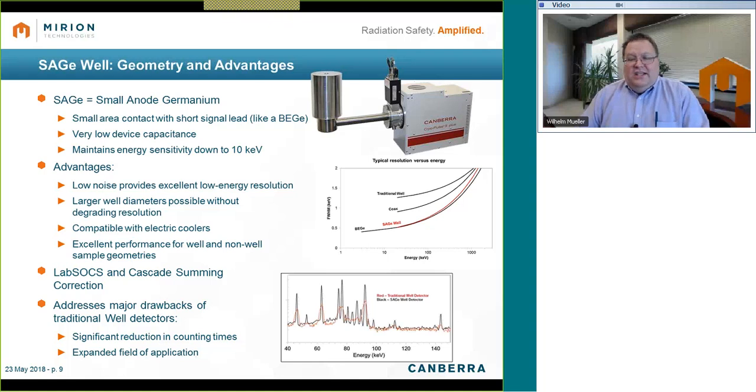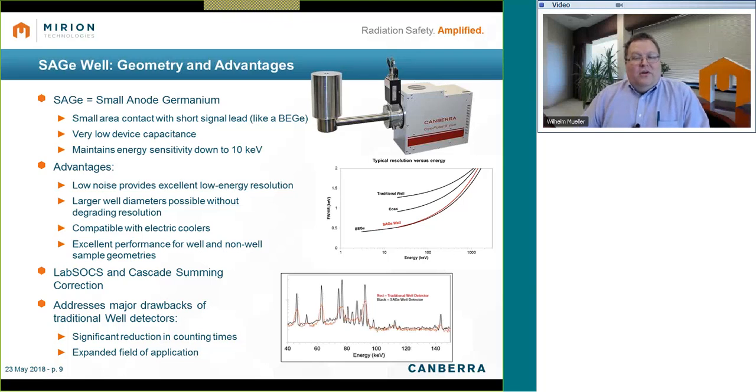And we can see in this particular graph, this is again that same chart of the full width half max versus the energy response, the same curve from the previous plot. The expected energy resolution of SAGe well detectors is much more comparable to the BEGe detectors.